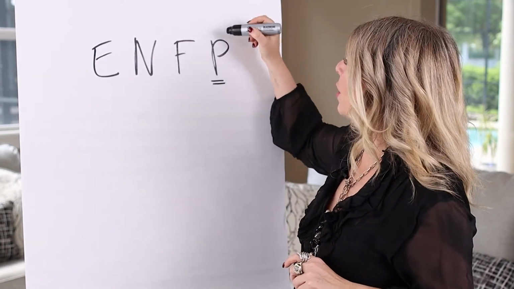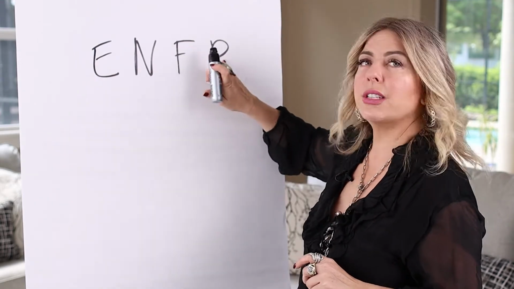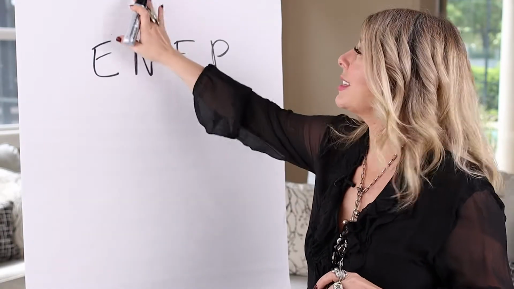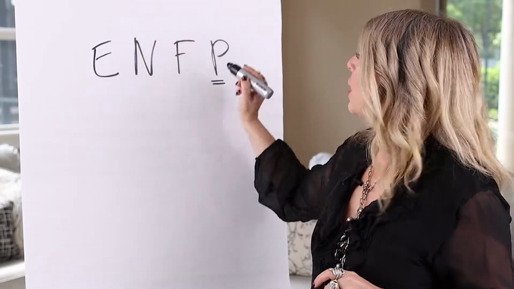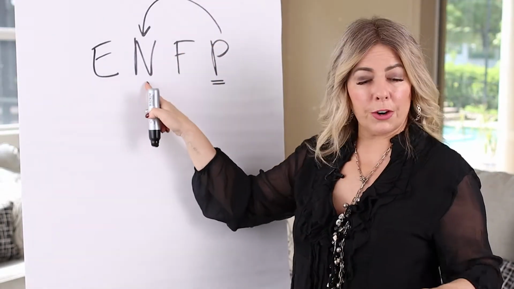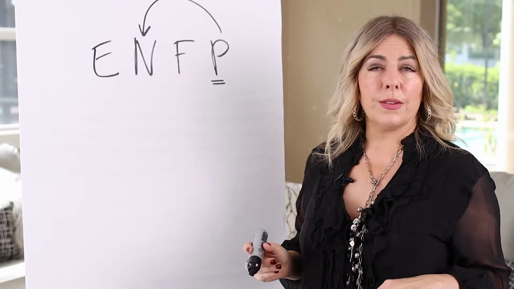So when we have this P, because it's a P, that's perceiving, that means I prefer the perceiving function, which is the second function, remember? So we look over here and say, all right, my dominant function is intuition.